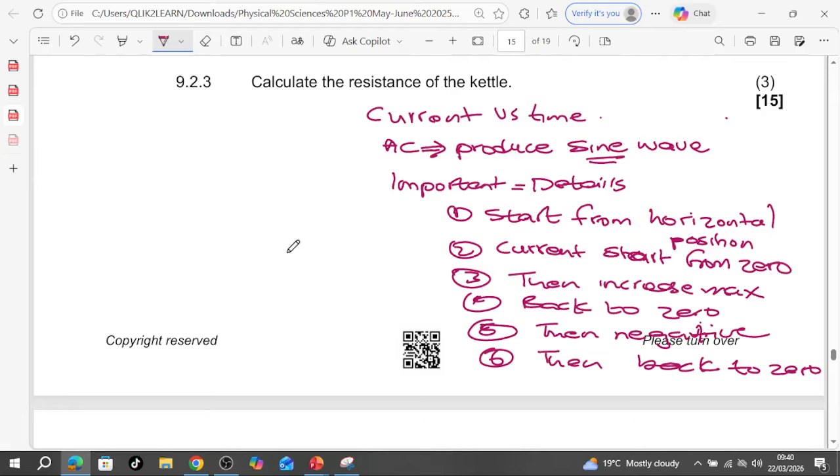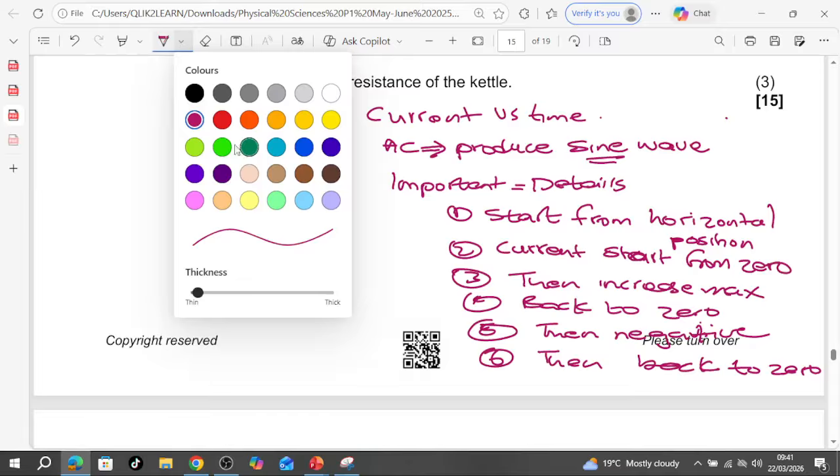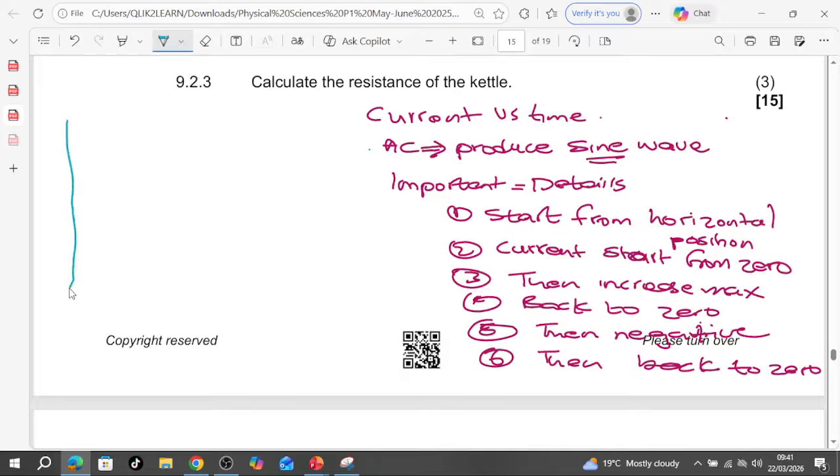Let's draw the graph. So my graph will look like this. This side is the induced current, and this will be the time.